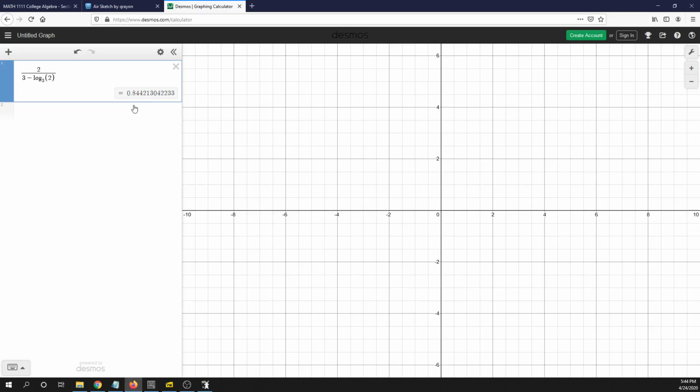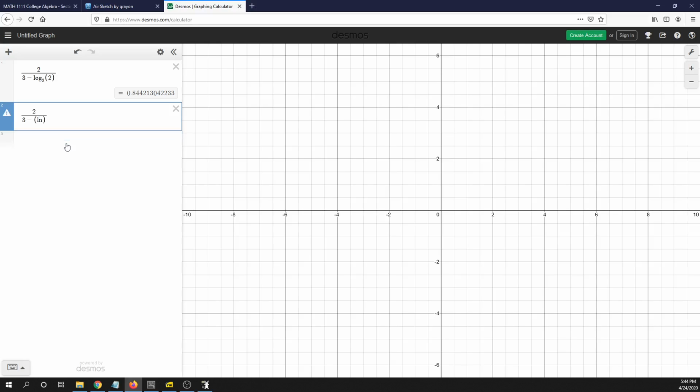So not too bad. The downside is that if you do not have a Desmos to use, then you're using your calculator to get a decimal representation, right? Then there's no log base 3 key on there at all. So what you're going to have to do is use the change of base formula if you use the approach that I showed you.